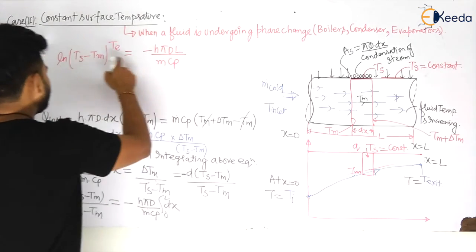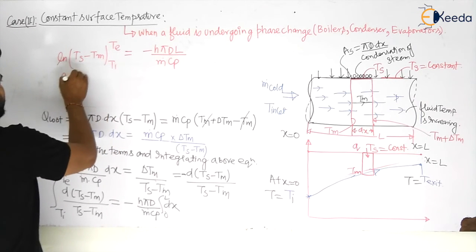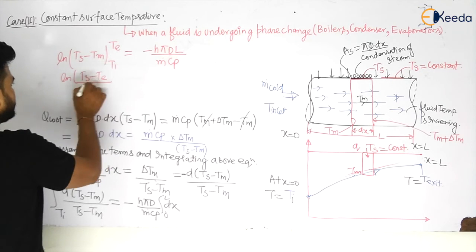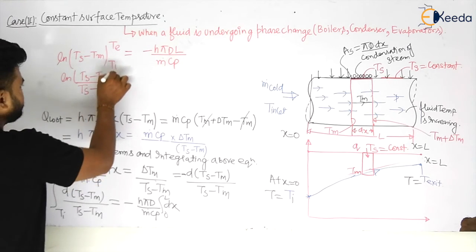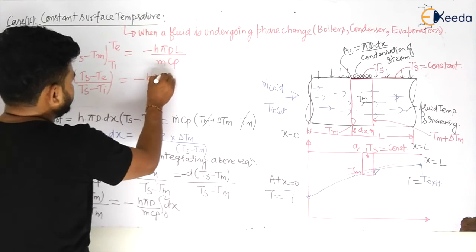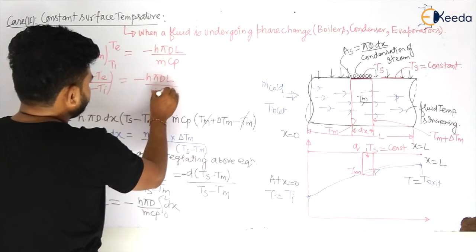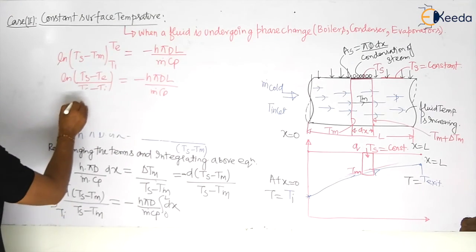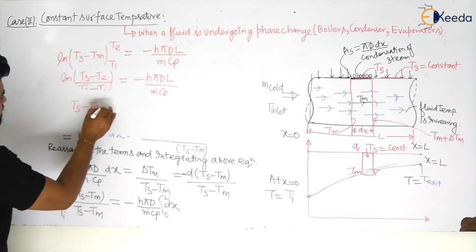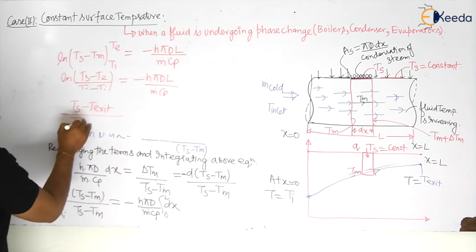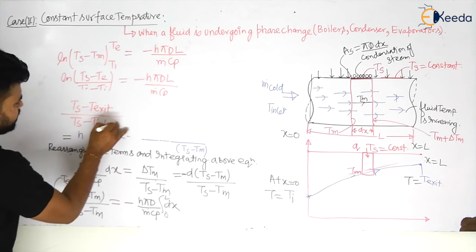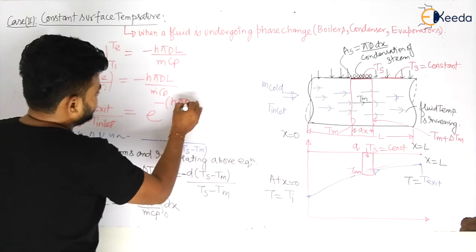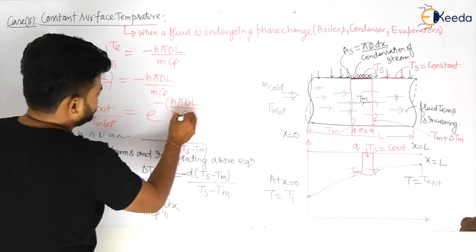So if I put the values, I will have ln of Ts minus T exit divided by Ts minus Ti equal to minus h into pi d L by m dot Cp. So Ts minus T exit divided by T surface minus T inlet will be equal to e to the power minus h into pi d L divided by m dot Cp.